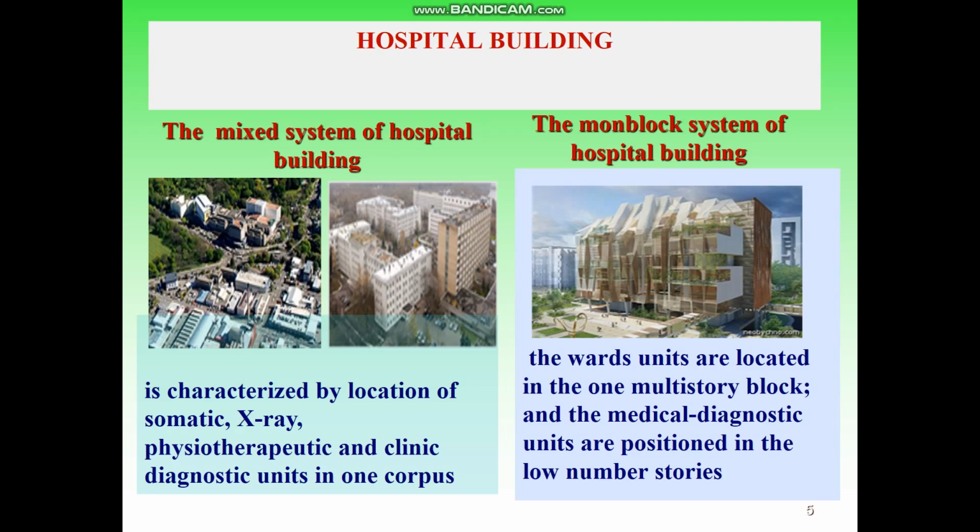The various units are located in one multi-story block, and the medical diagnostic units are positioned in the low number of stories. In view of the appearance of new methods of diagnostics and treatment in the modern hospital, the biggest change took place in the medical diagnostic units of the hospital. Therefore, new hospital units are formed, like reanimation, laser, rehabilitation, neurosurgery, burns, and transplantation.